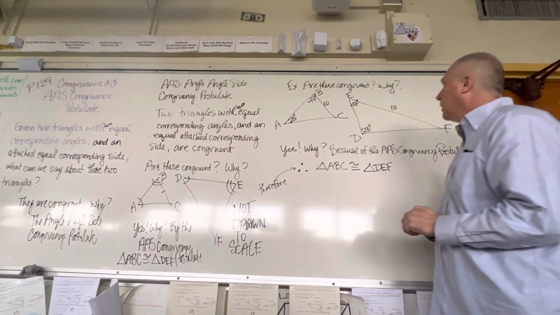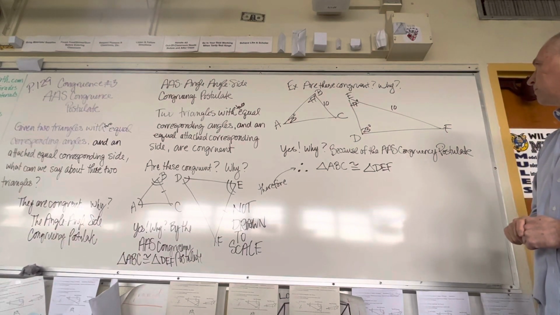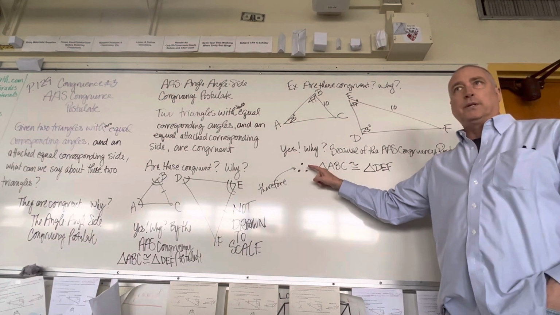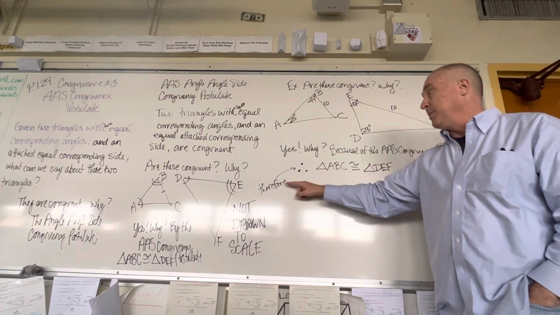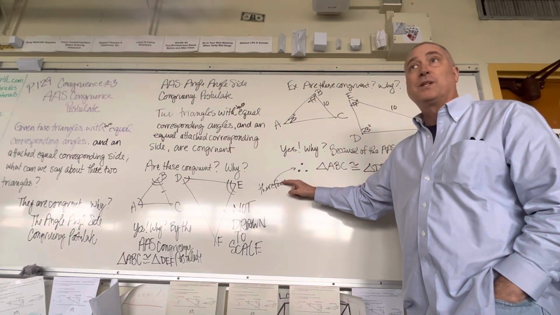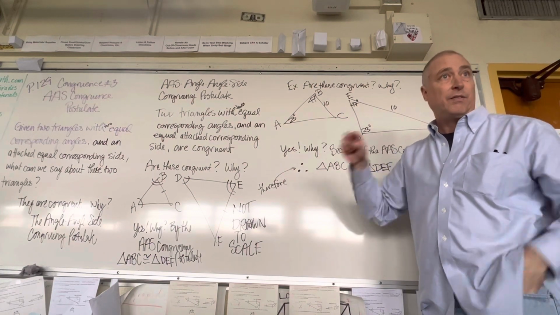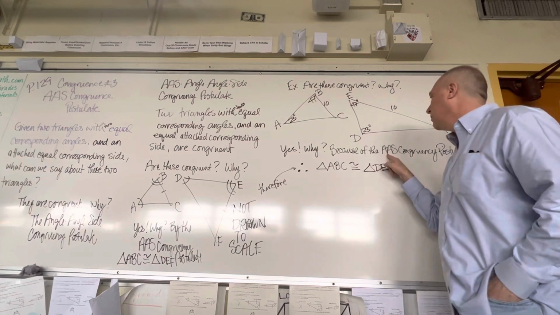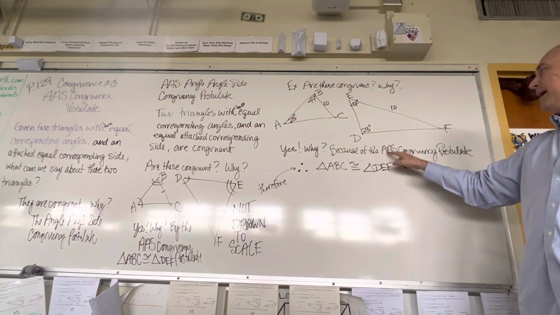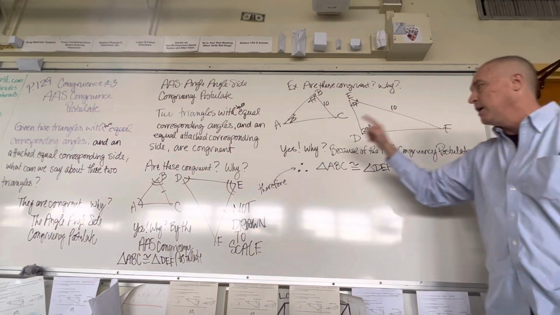Number two, look up here and see this symbol? See these three dots? Do you know that this symbol means therefore? This is a shorthand way of saying therefore. These things match up because of the angle-side congruency postulate.